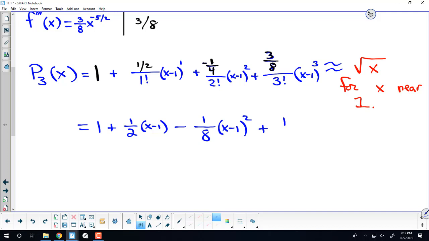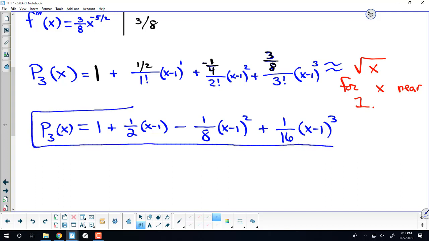So plus 1/16 times (x minus 1) cubed is p sub 3. Okay, does anybody have any questions on that?